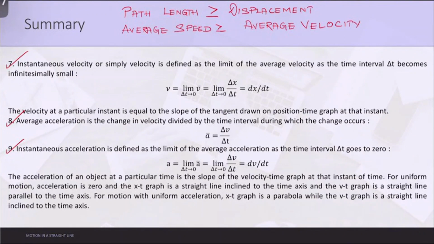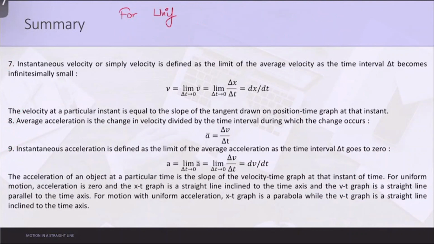For uniform motion, acceleration is zero. Please remember, for uniform motion, acceleration is zero. Why is acceleration zero? I will try to make you understand this line also. Because for uniform motion, not uniform acceleration, for uniform motion, delta x is always the same for every delta t.